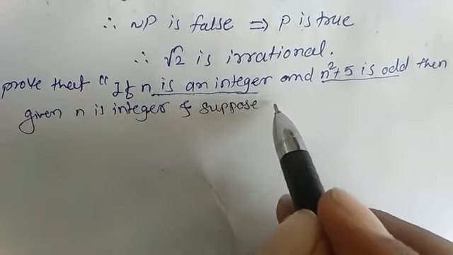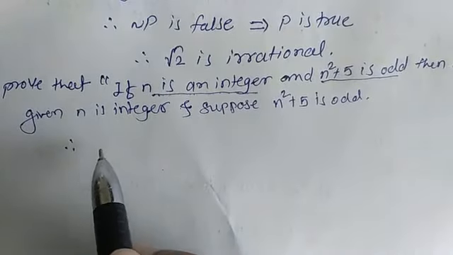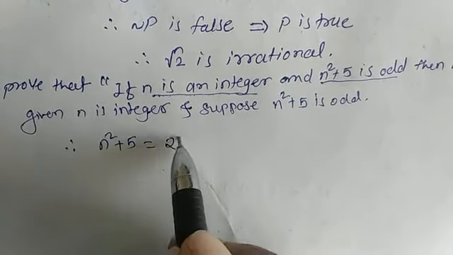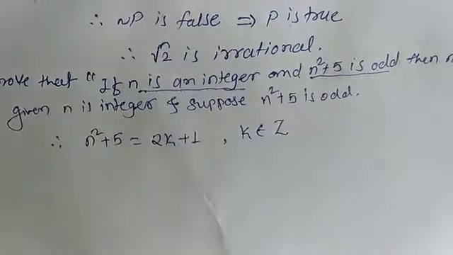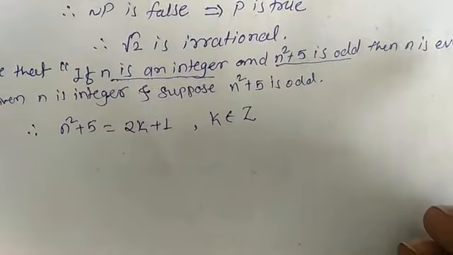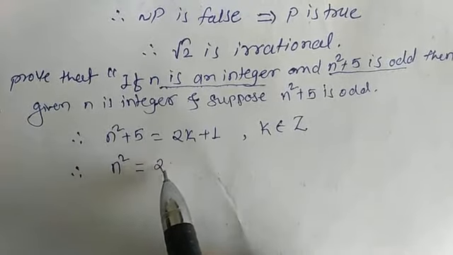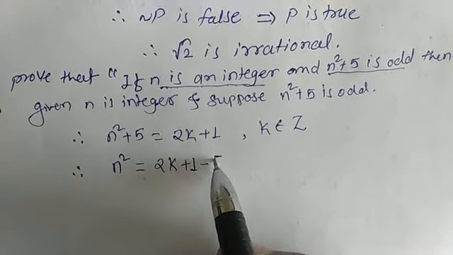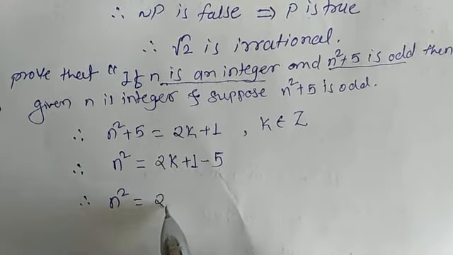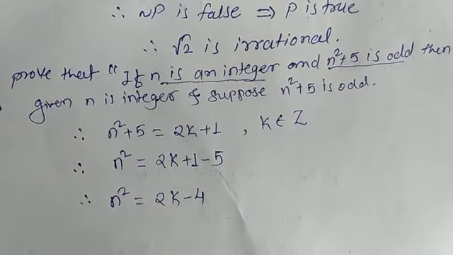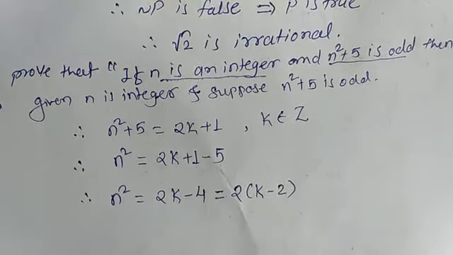Therefore n square plus 5 is equal to twice k plus 1, where k belongs to Z. So here we have to prove that n is even. This gives n square is equal to twice k plus 1 minus 5, which can be written as n square is equal to twice k minus 4. Now twice k minus 4, you may take 2 common, so what remains is 2 into bracket k minus 2.